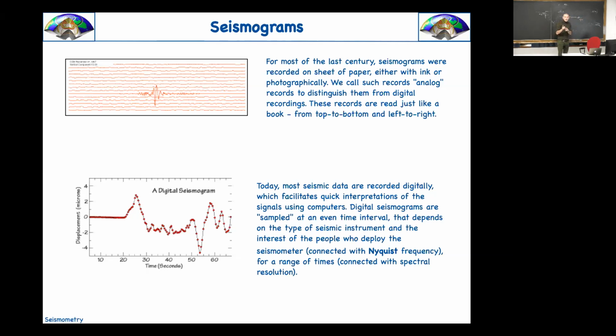Everything depends on the frequency that you want to record. Because every time that you take a continuous signal and you sample it, actually, you're multiplying it by a set of deltas.